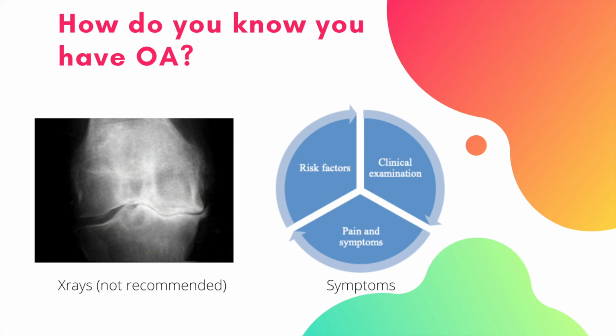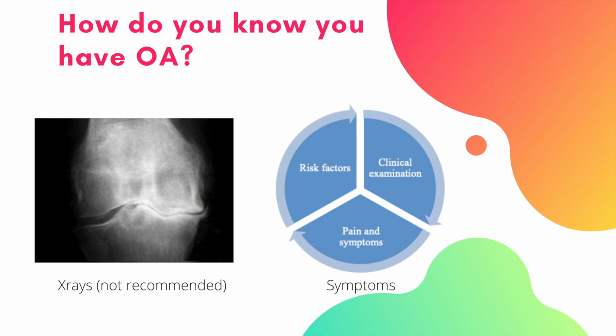We're trying to steer away from that now, because on an x-ray you'll quite often see the smaller joint space, the osteophytes, which is your extra bone growth, your cysts, which is your liquid containing cavities in the bone, and your sclerosis, so your hardening of the bone under the cartilage. This can come up on an X-ray or an MRI.